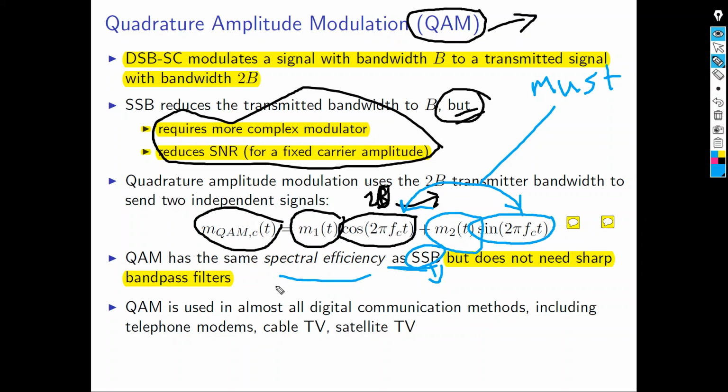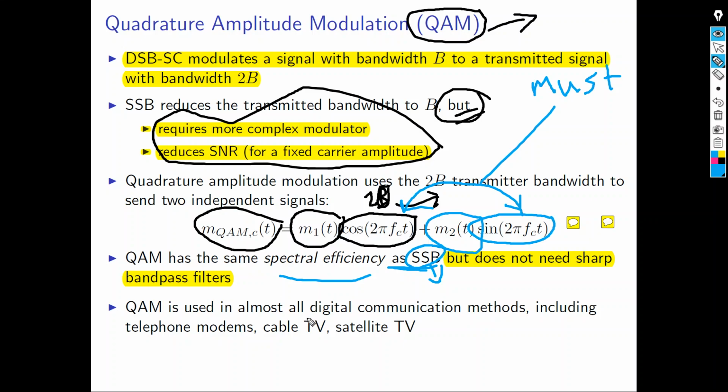So QAM is used in almost all digital communication methods up until these days. Your mobile phone is using QAM in order to make sure that it can serve you with the required data rate, with the speed of the internet you like and you want.